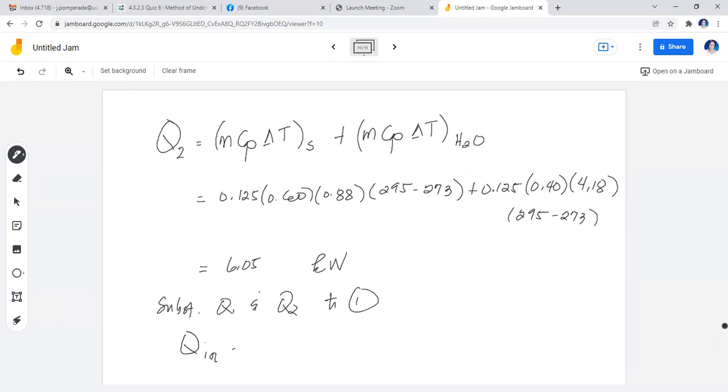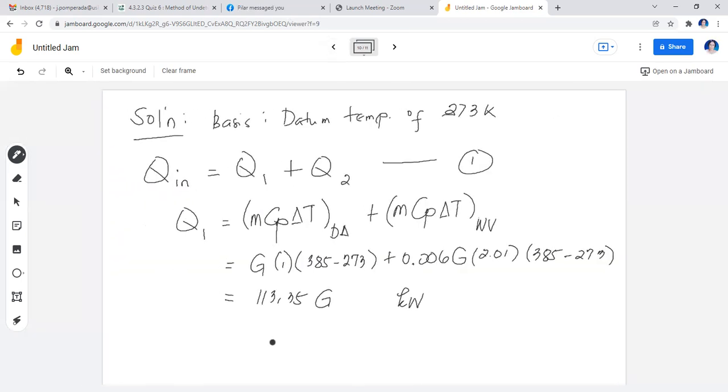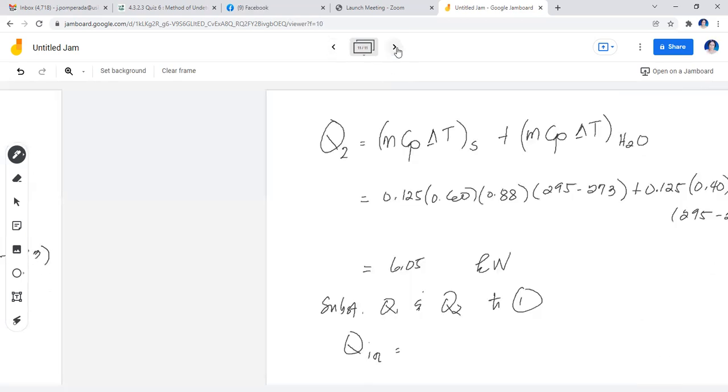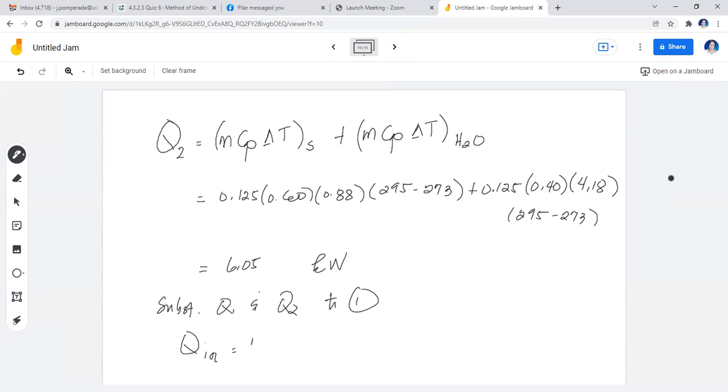So your Q in will be 113.35 G plus 6.05. The unit of this is in kilowatt. You still have the unknown G here. This we will label as equation 2.